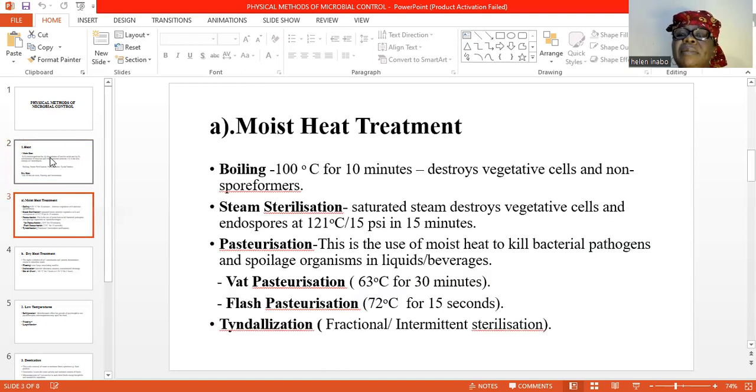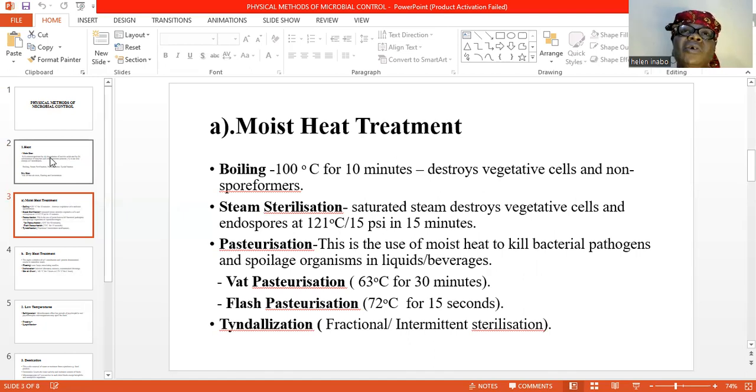The moist heat treatment involves, 1. Boiling. The material is subjected to the temperature of 100 degrees Celsius for 10 minutes. Boiling ensures destruction of vegetative cells and non-spore formers. The second type of moist heat treatment is steam sterilization.